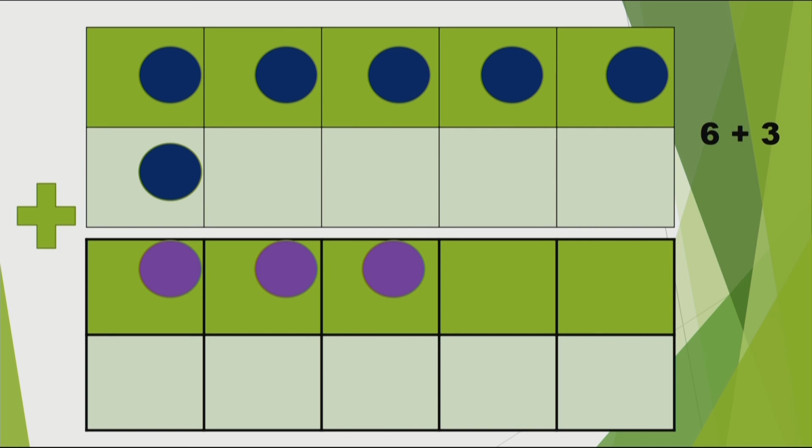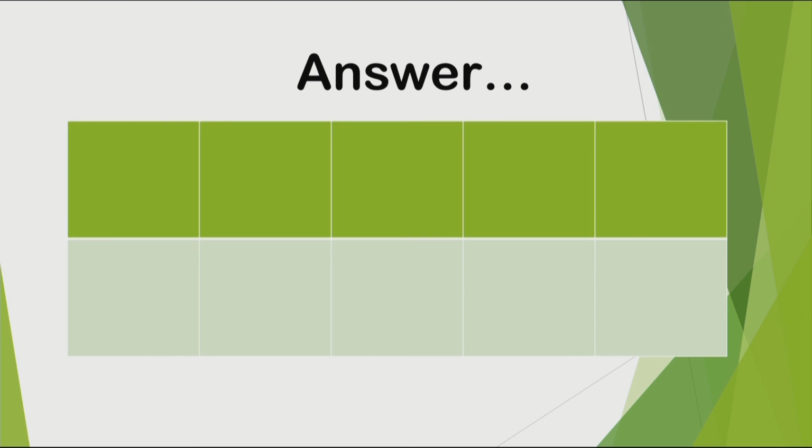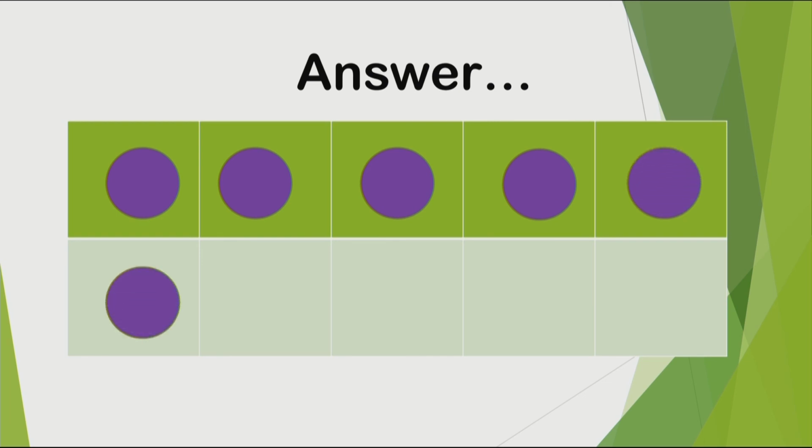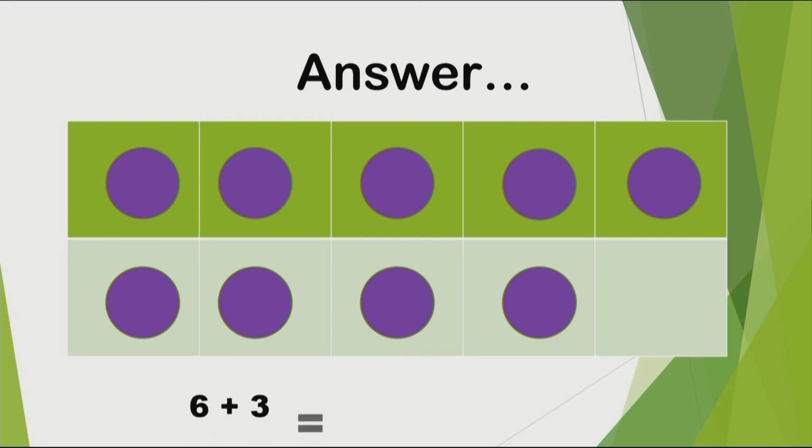So the answer will be 1, 2, 3, 4, 5, 6, 7, 8, 9. Is it correct? 6 plus 3 is 9.